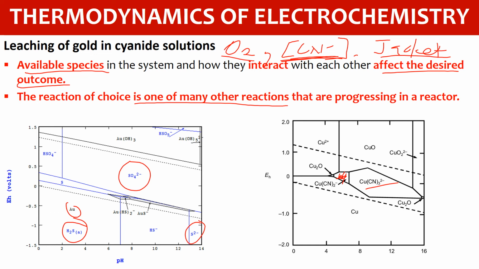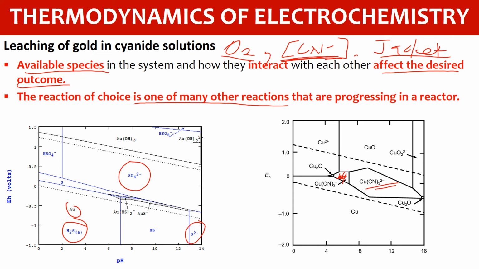So if you're working at a high pH and you've got your tetra and trivalent cyano complexes, you can get away with the system having lots of copper, but you'll still be able to leach your gold.